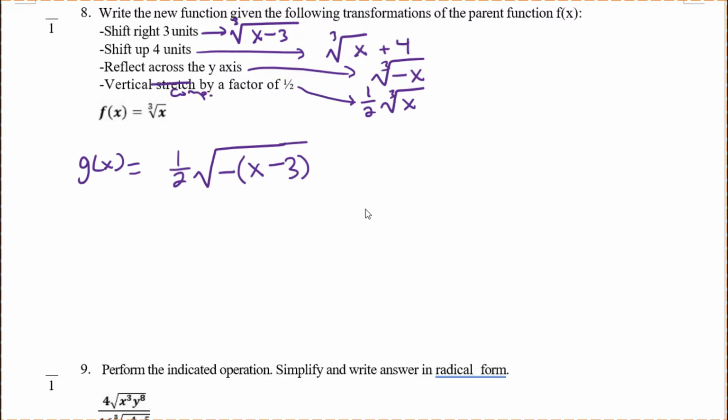Then we shift up 4 units. Okay, so that's everything. Vertical compression, a reflection across the y-axis, a shift to the right 3, and then we're going up 4.